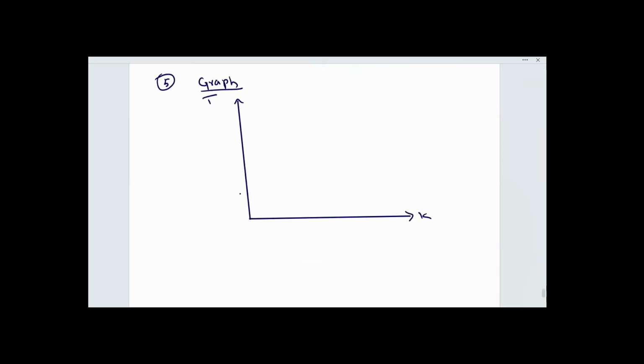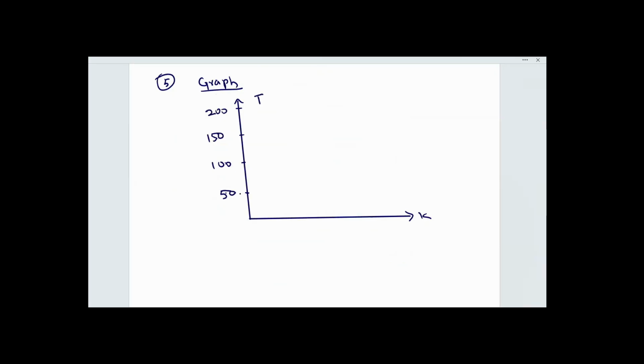So we can say 1, 2, 3, and 4. So here will be 50. Make it bolder. Here will be 50, 100, 150, then 200. Let me push this one out of this place.